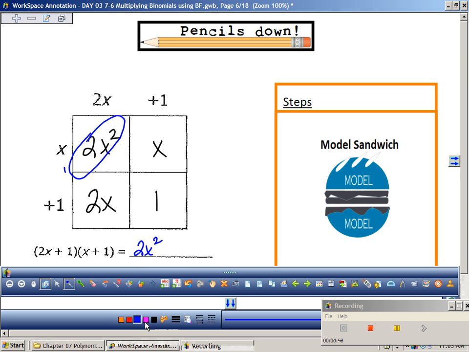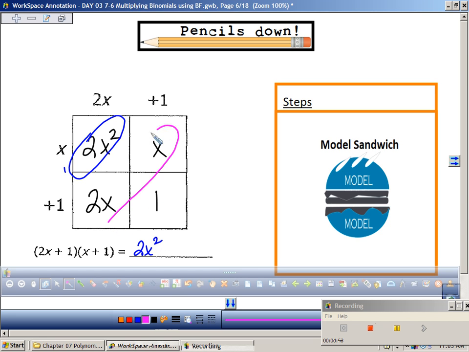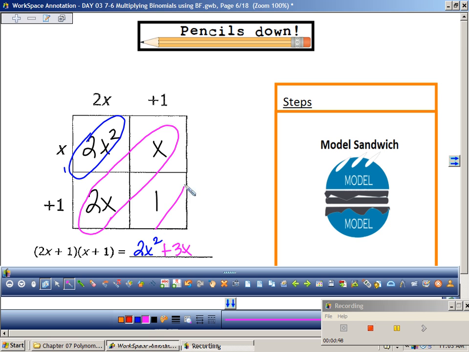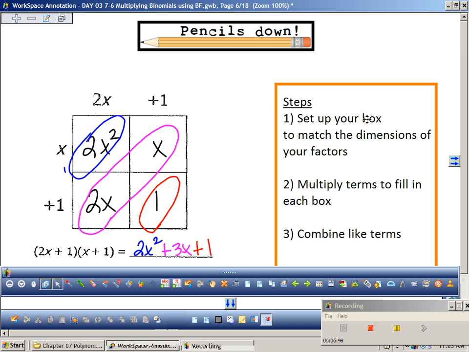Then I have a 2x and a positive x makes 3x, and plus 1. Here are my steps. Set up your box to match the dimensions of your factors.